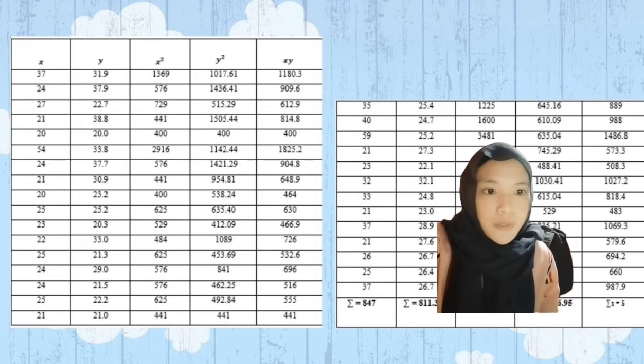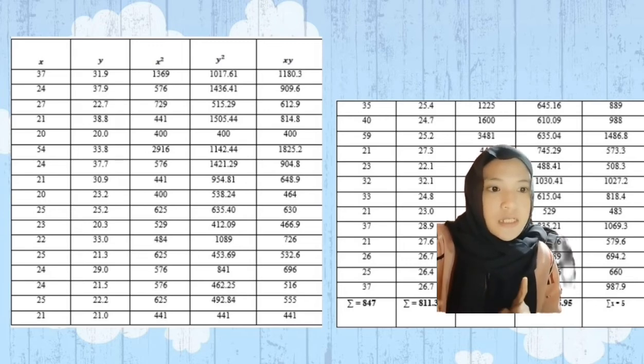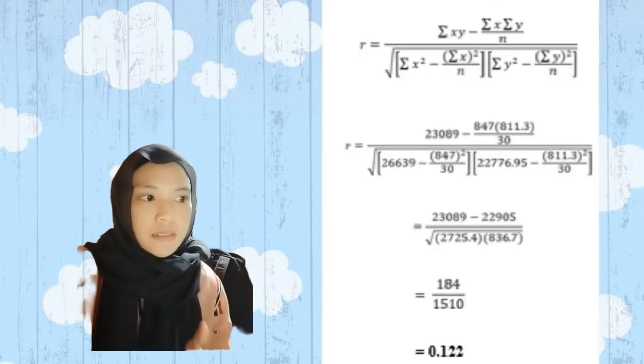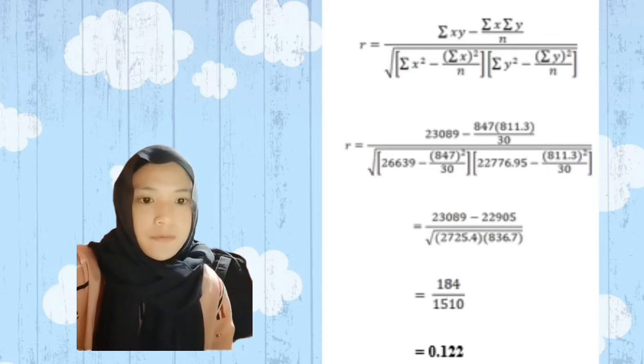Right now, we will use the formula with the information we have. So the correlation coefficient, which in some equations is represented by the Greek symbol rho, is equal to n times the sum of xy minus the sum of x times the sum of y, divided by the square root.